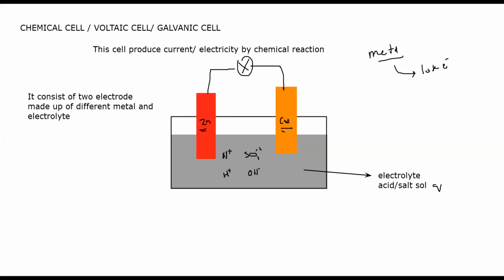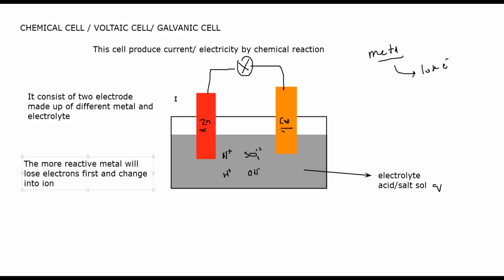So what happens, the more reactive metal will lose electrons first and change into an ion.